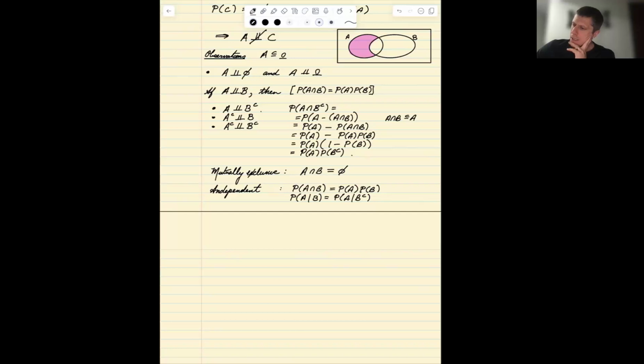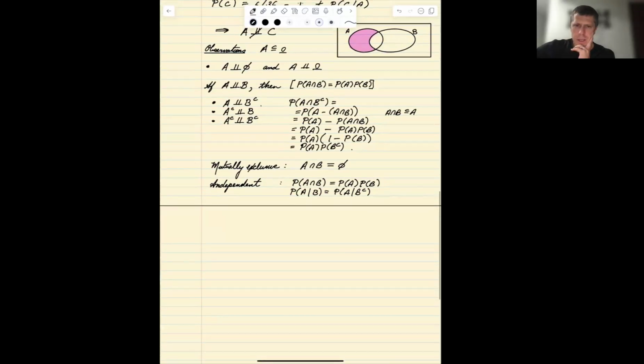Why do I say that? Mutually exclusive is a property only of the events. A and B being mutually exclusive depends just on the sets A and B. It says nothing about probability at all. A and B being independent also depends on the underlying probability measure P. If two events are mutually exclusive, they're always mutually exclusive.